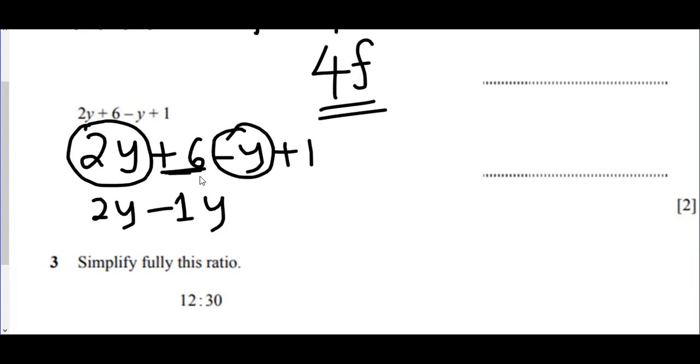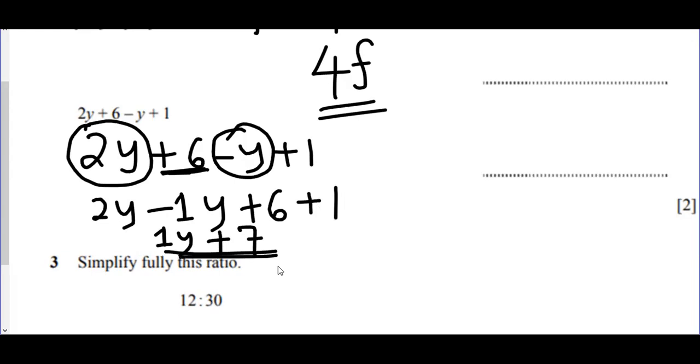So that is done. And then you do the numbers without the letter. So you have positive 6 there, and you have positive 1 somewhere here. Now tell me, class, what is 2y minus 1y? 1. Beautiful. What is 6 plus 1? 7. So the answer will end here. The answer will be 1y plus 7.